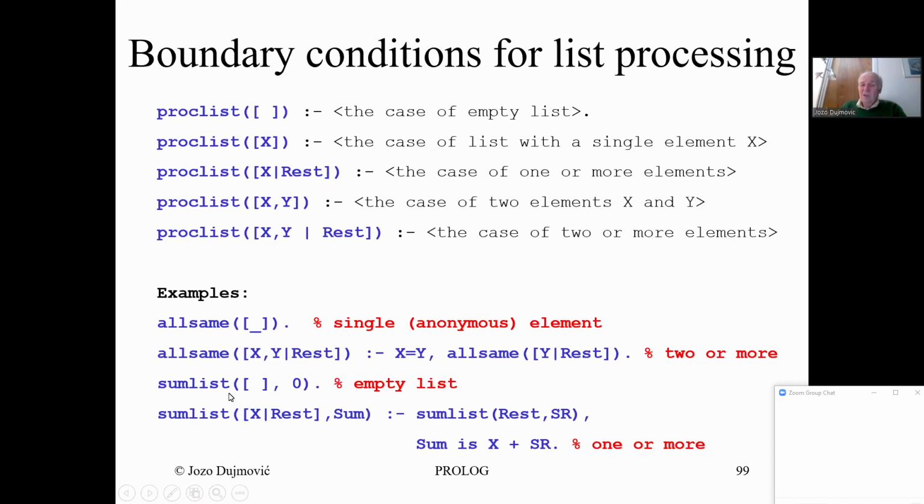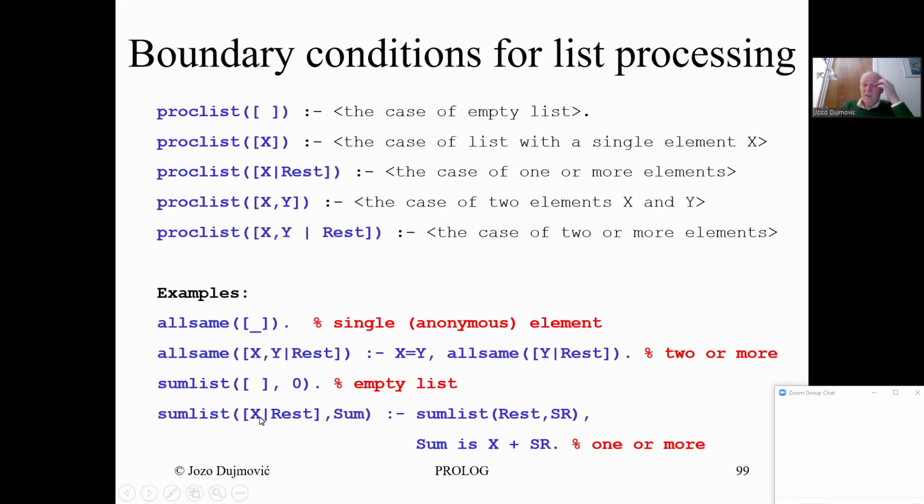Exactly the same thing is when you try to compute the sum of a list. So if the list is empty, the sum is 0. This is the boundary condition. If the list is not empty, then it has head and tail. Head is X, tail is this rest.